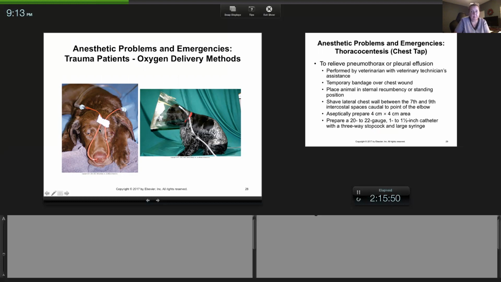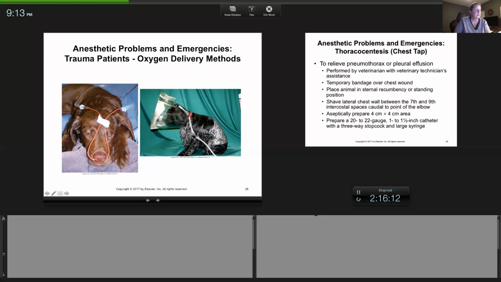I've placed plenty of nasal oxygen tubes. This doesn't have to be a veterinarian procedure. Technicians can place nasal oxygen, and that's a suture you can do. We cannot suture after surgery, but I've sutured in feeding tubes, and I've sutured in EKG leads. So there are some suturing techniques that technicians can actually do.